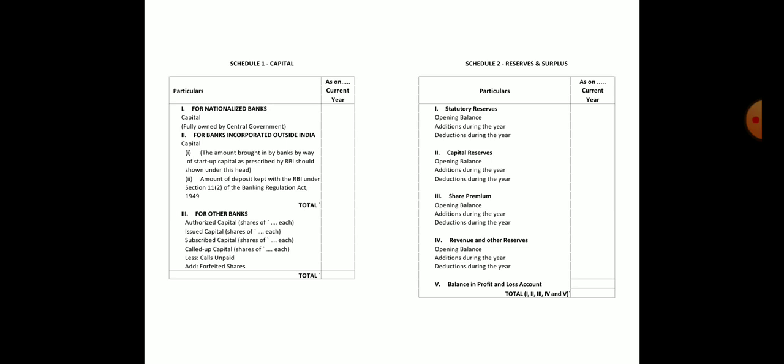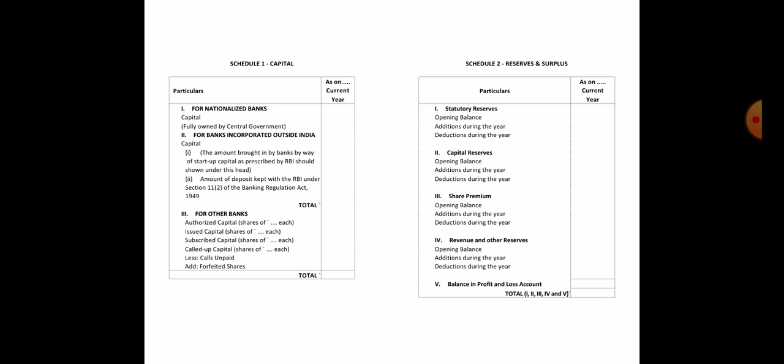Revenue and other reserves: if there is any other reserve maintained out of the profit of every year, that is revenue and other reserves. Balance in profit and loss account: if there is any balance left in the profit and loss account, that should be maintained here. So we will add all the 5 points for reserves and surpluses.